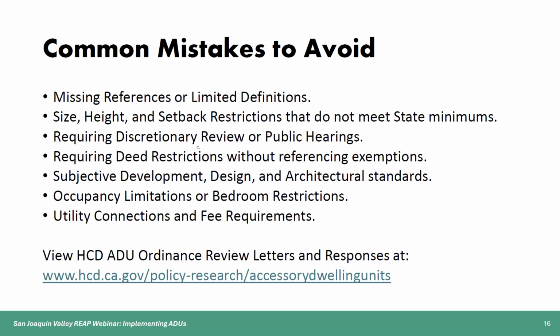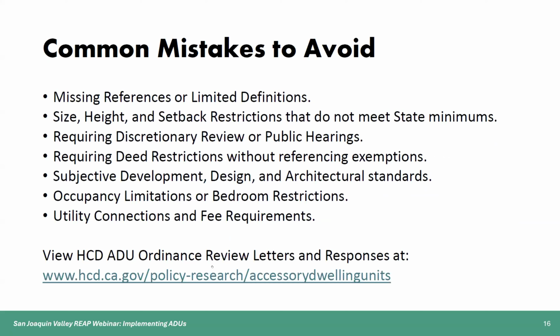Also requiring deed restrictions without referencing exemptions, anything subjective at this point, occupancy limitations or bedroom restrictions, and then utility connections and fee requirements, where there are different thresholds that can be met.